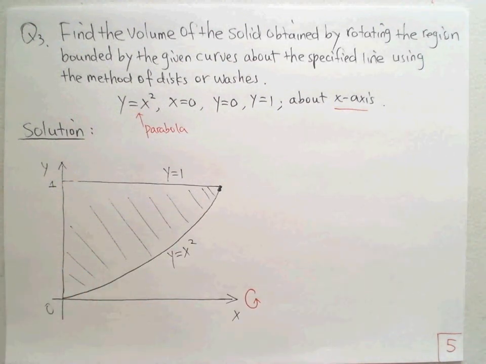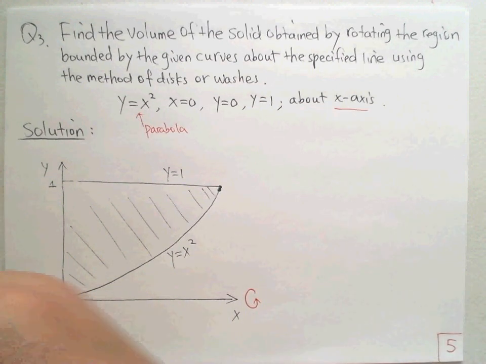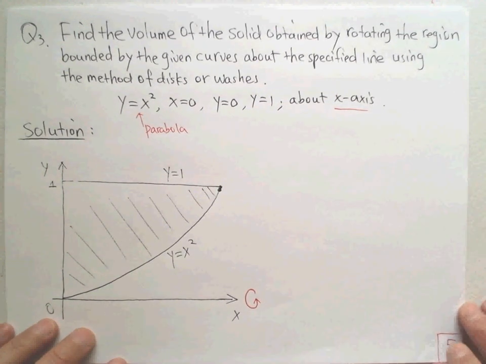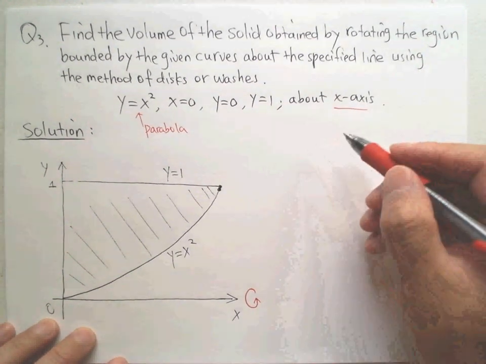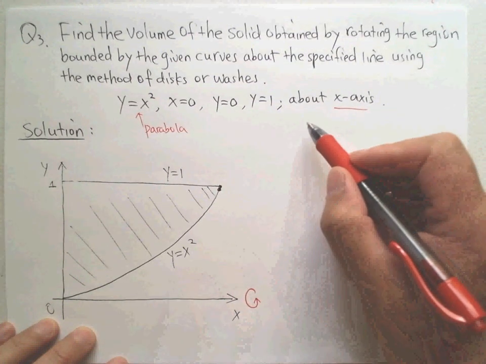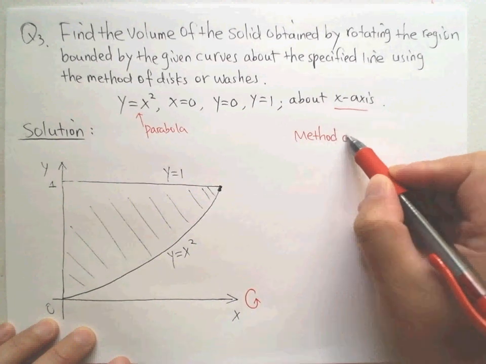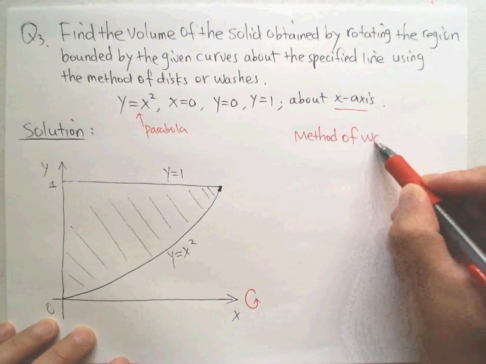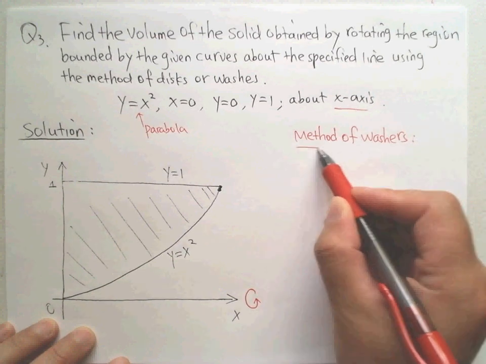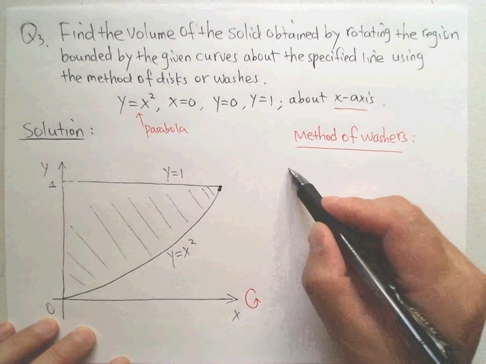If we rotate it, we will find the middle is like a hole from the left to the right. What do we do? We need to use the method of washers this time, right? And we have a hole inside. So we have to use the method of washers.